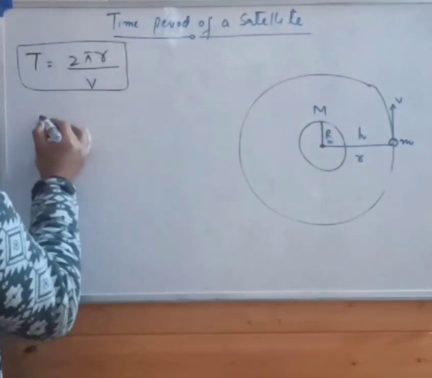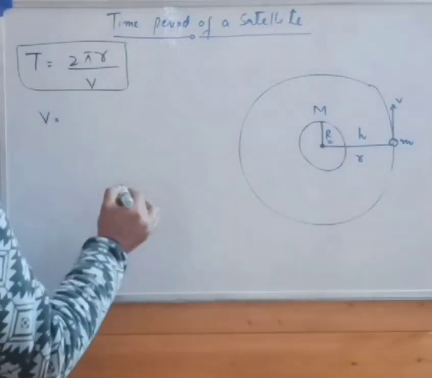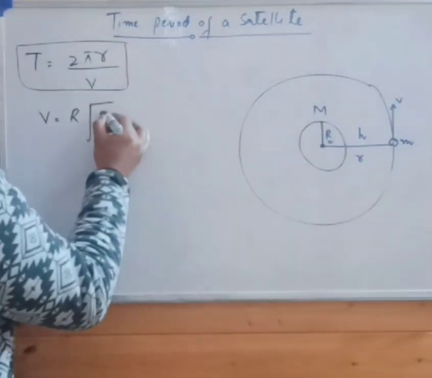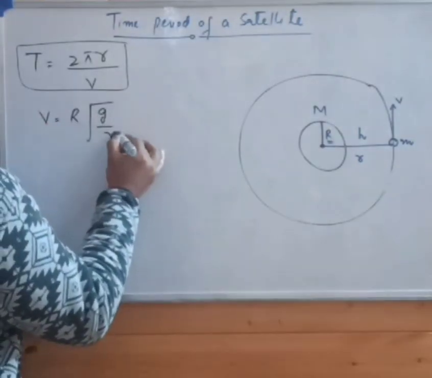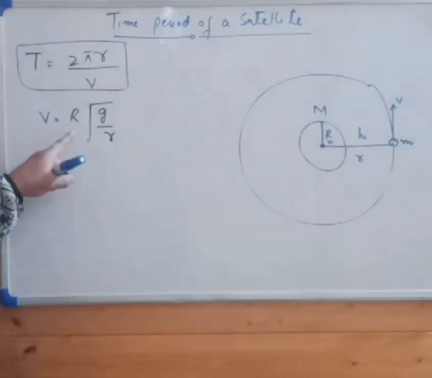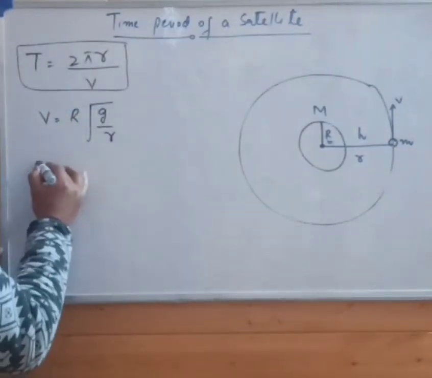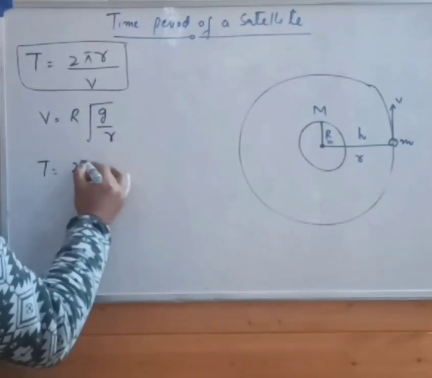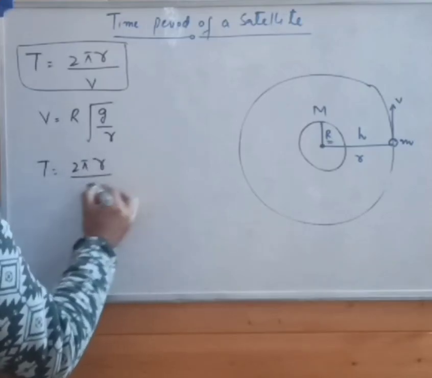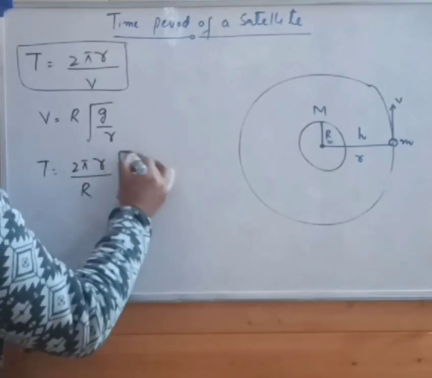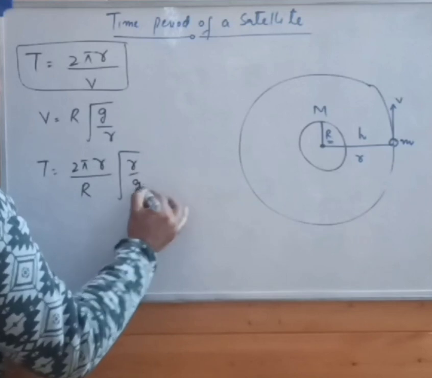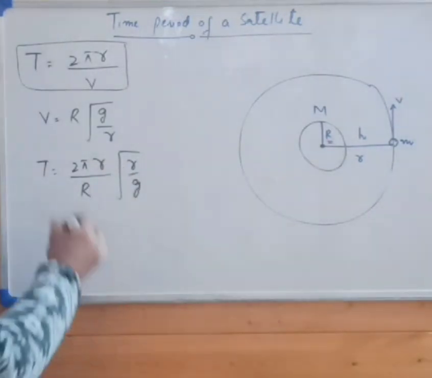Now we know that the orbital velocity is equal to R root g divided by r. Now putting the value of v here, we get T is equal to 2 pi r divided by R into root of g divided by r. This is a simple calculation.